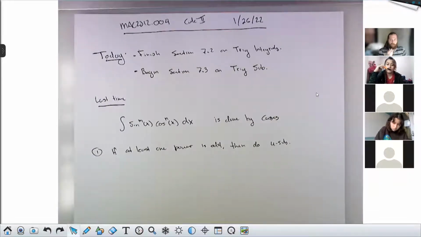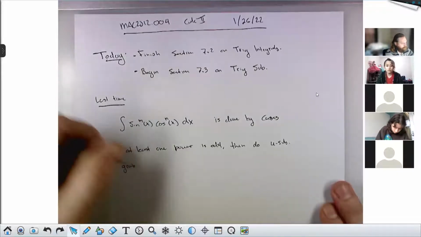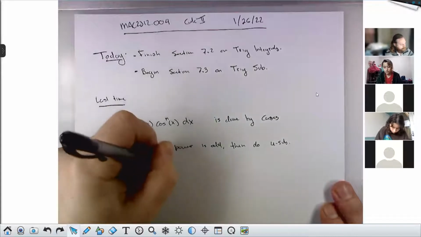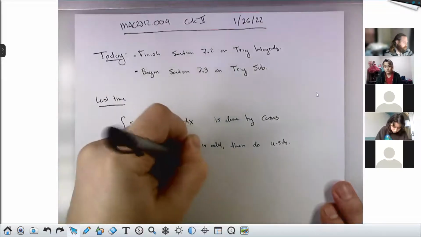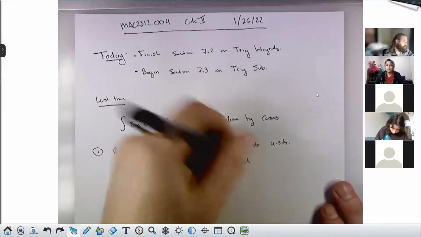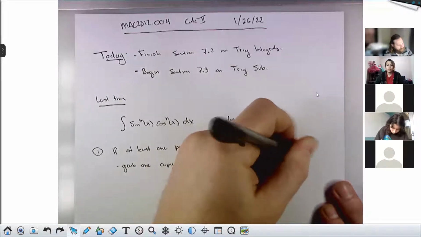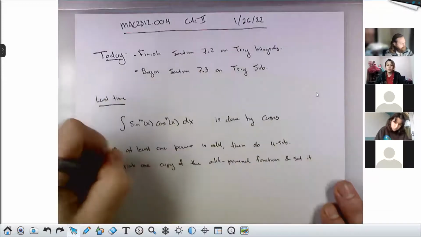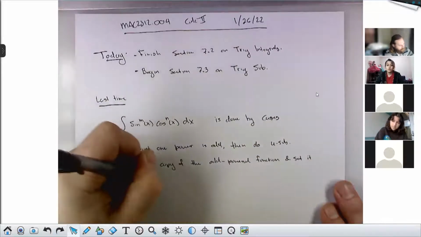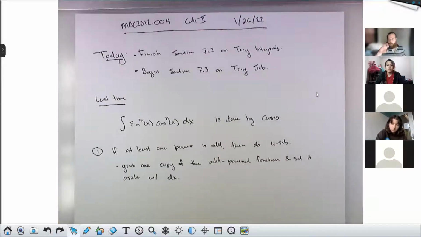The way that U sub works is you grab one copy of the odd powered function and set that aside with the dx. That's what's going to get canceled when you make your substitution.